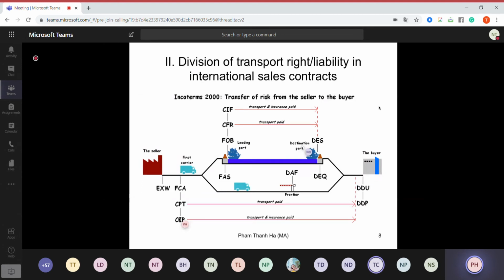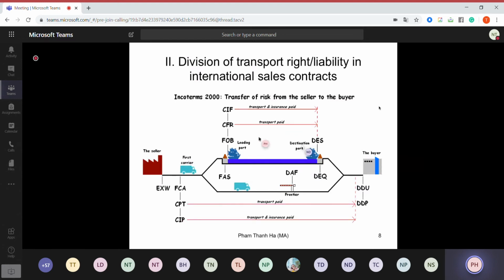So it's more reasonable to apply a more extended scope of coverage of the insurance policy. ICC suggested that the seller can apply up to the A terms and conditions of the insurance clause. But that's only the recommendation from the ICC.